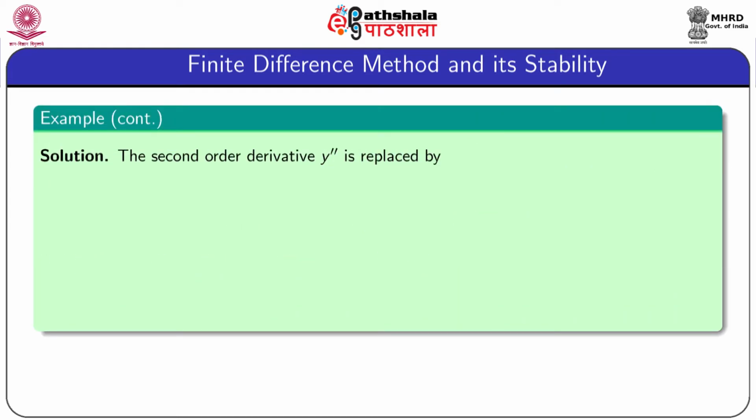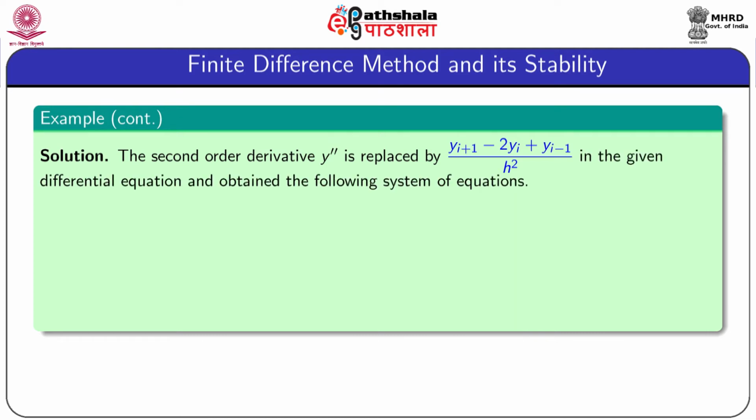Note that in this differential equation only the second derivative is present. So we replace the second derivative by the central difference approximation, yi plus 1 minus 2 yi plus yi minus 1, whole divided by h square, in the given differential equation and obtain the following system of equations.